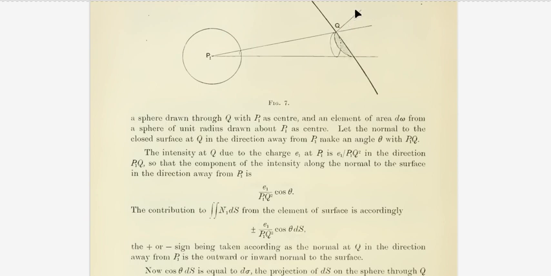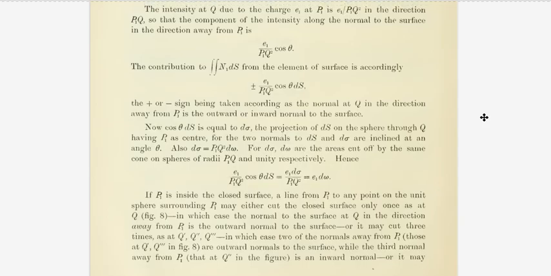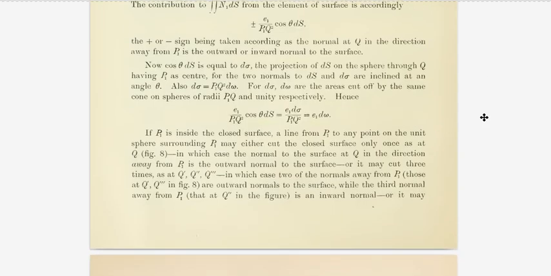The contribution to the surface integral of N1 dS from the element of surface is accordingly plus or minus E1 over P1Q squared cosine of theta dS, the plus or minus sign being taken according as the normal at Q in the direction away from P1 is the outward or inward normal to the surface. Now cosine theta dS is equal to d sigma, the projection of dS on the sphere through Q having P1 as center, for the two normals to dS and d sigma are inclined at an angle theta.